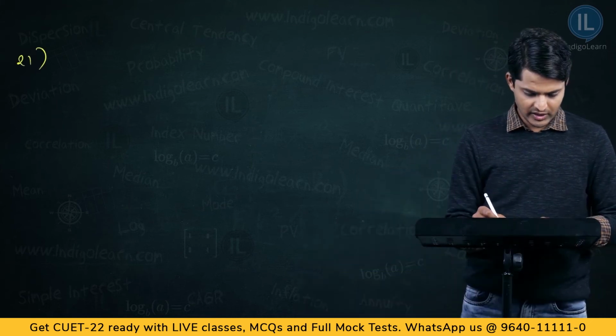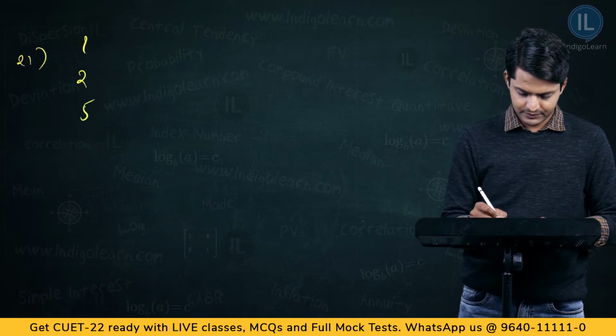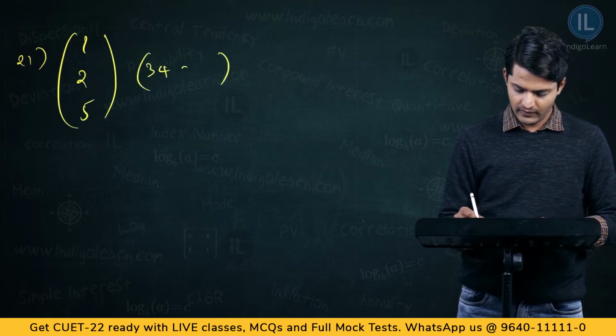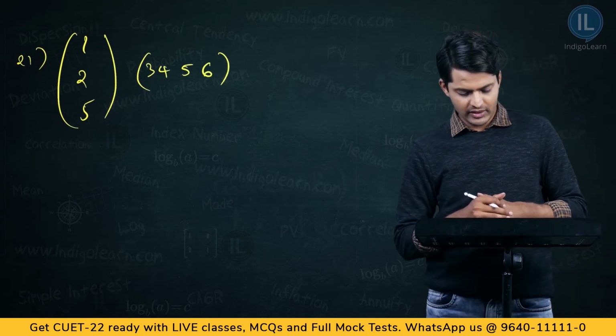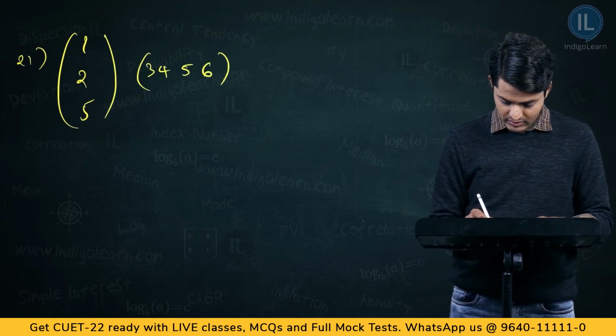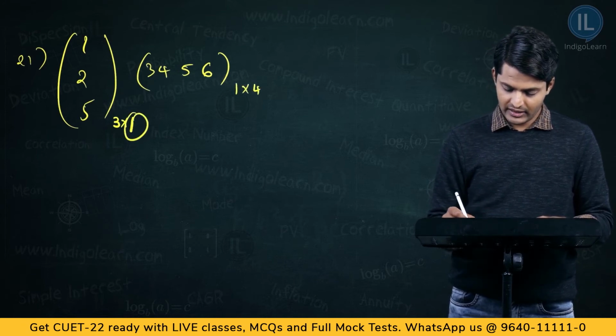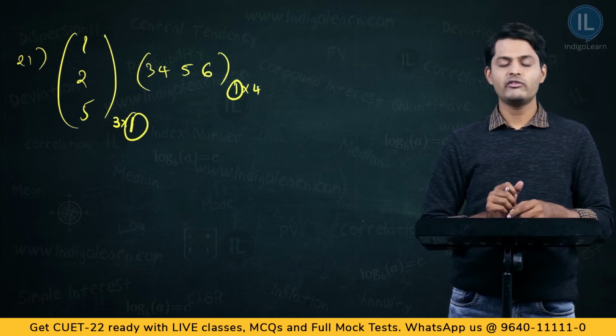21st question is also multiplication, 1 2 5, when you are multiplying with 3 4 5 6, guys, okay. Please remember, this is a 3 by 1 matrix, this is 1 by 4 matrix. So the matrix that you get should be a 3 by 4 matrix.